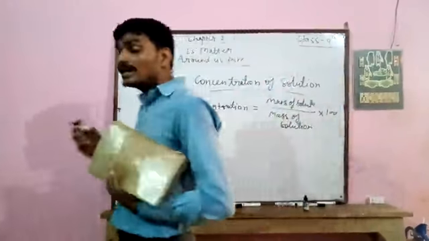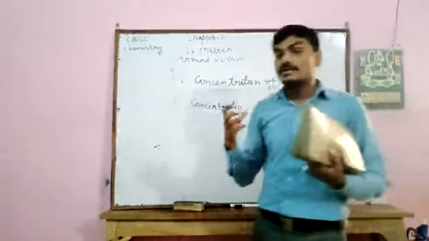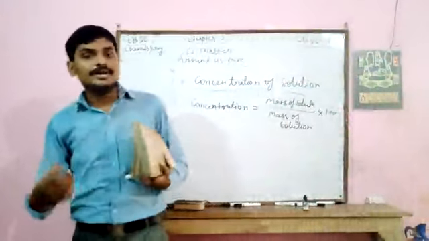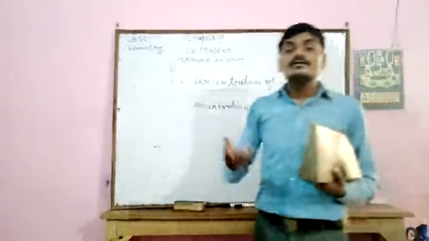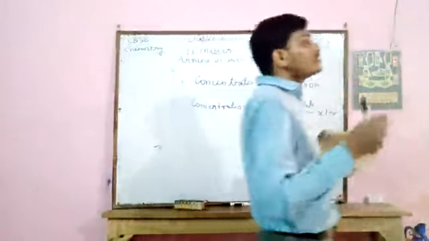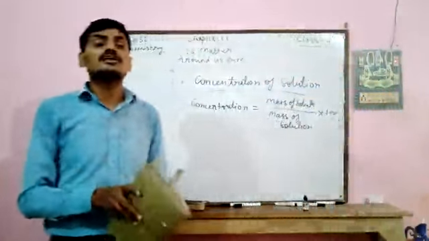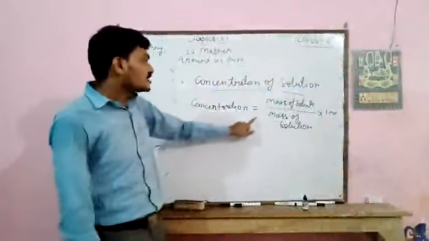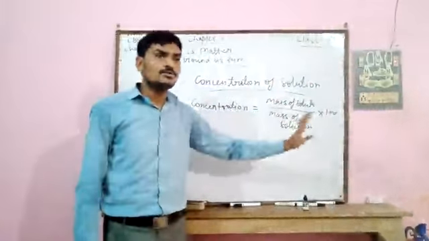That is, what is concentration? Concentration is a measurement in which the mass of solute present in 100 grams of solution is known as the concentration. We will find the concentration of any solution by this formula: concentration is equal to mass of solute upon mass of solution, into 100.